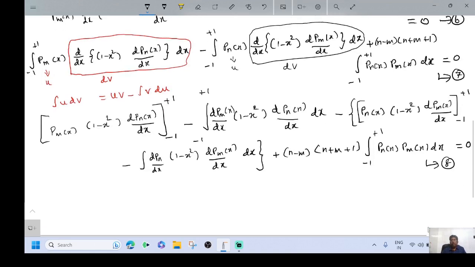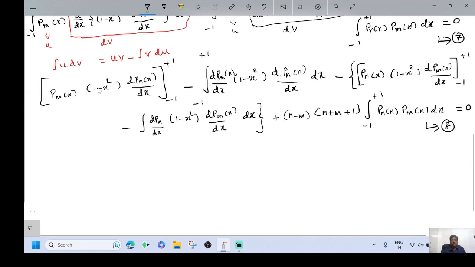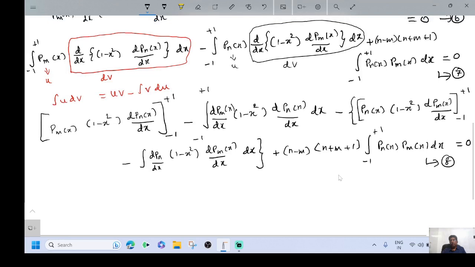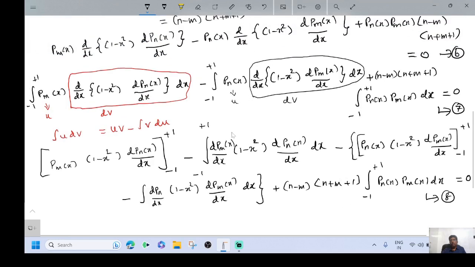In equation 8, see 1 minus x square, the lower limit is minus 1, upper limit is plus 1. This value is 0. Then consider the rest of the integrals. This integral value is 0.